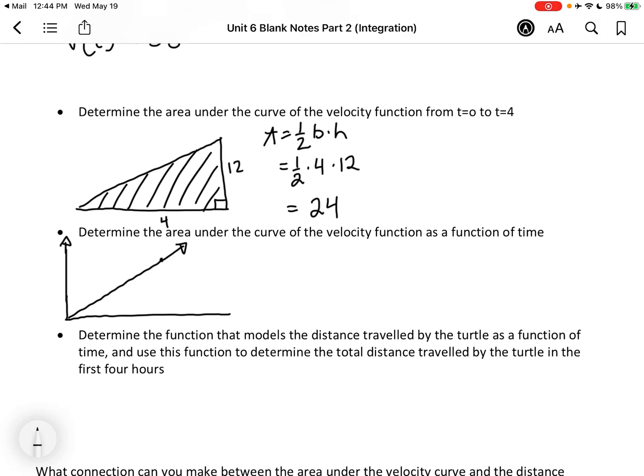So if we have any point over here, the x-coordinate will be t, and the y-coordinate will be 3t. Okay, now this is always going to make a triangle. So the area will always be a triangle, which is a half base times height.